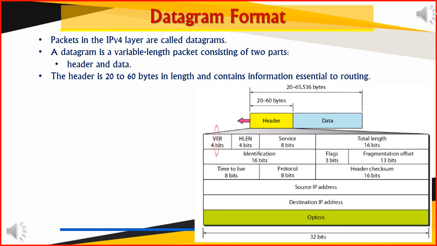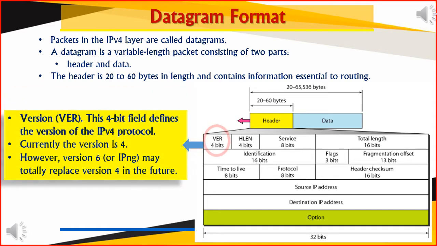The first block of this datagram format is the version block. Version, or VER, is a 4-bit field that defines the version of the IPv4 protocol. For IPv4, currently the version is 4. However, if we are going to use IPv6, then the version block will contain the value 6.